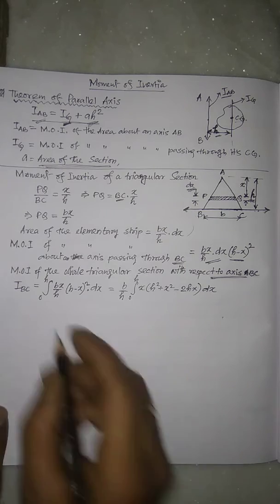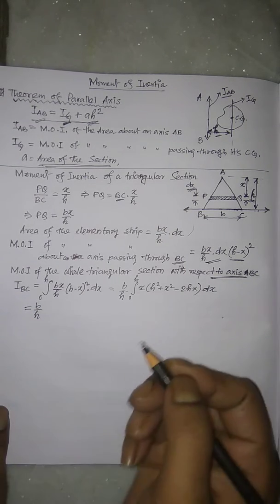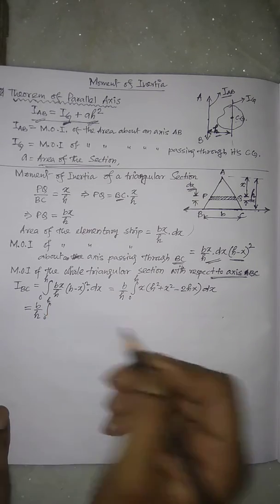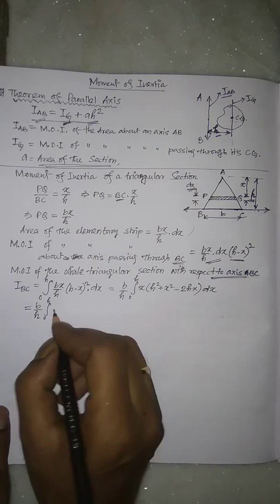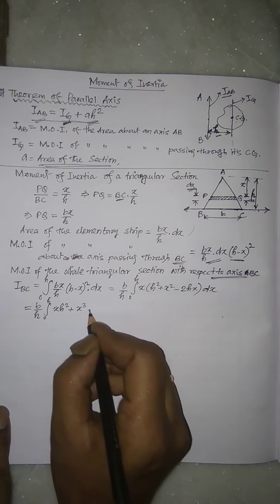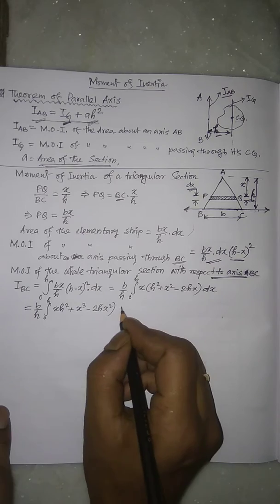That should be equal to b by h, the constant, and 0 to h the limit, x multiplied with this quantity: x h square plus x cube minus 2h x square, dx.